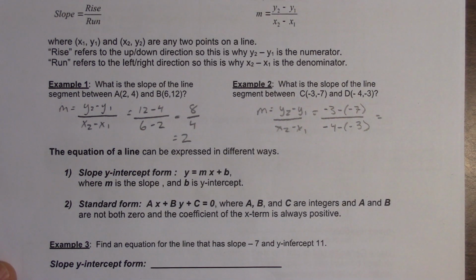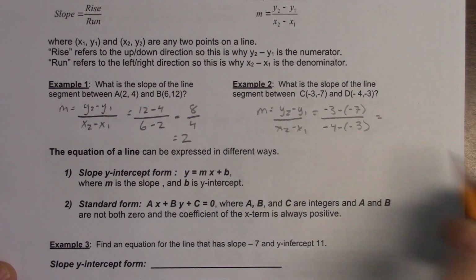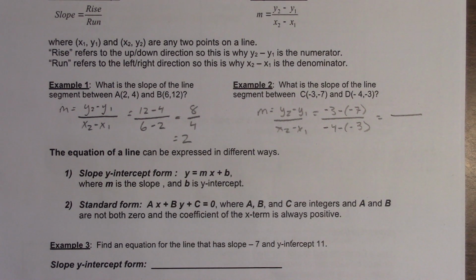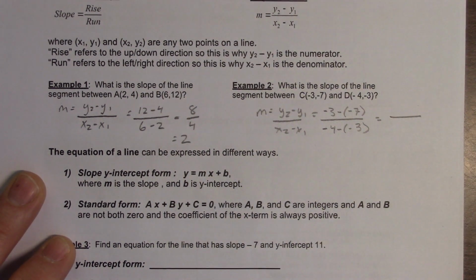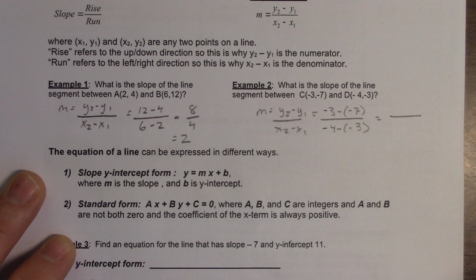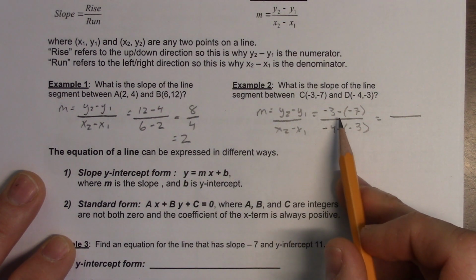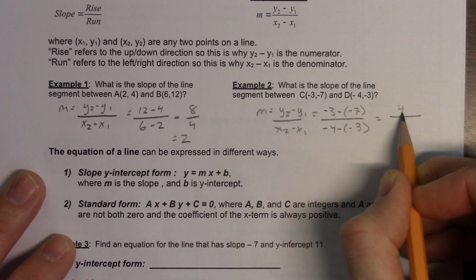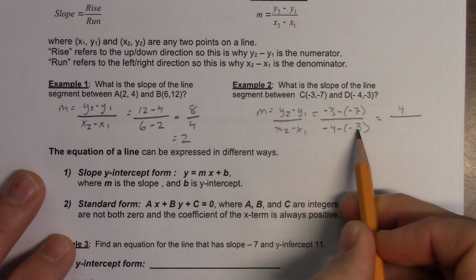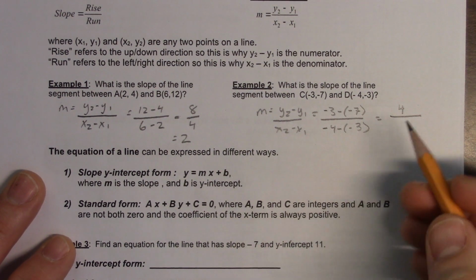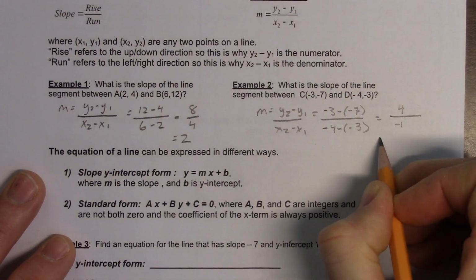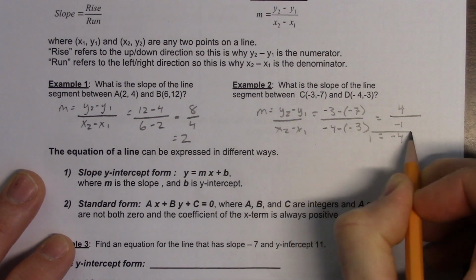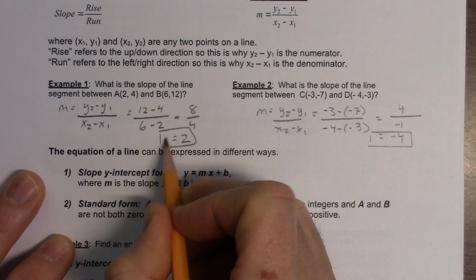What's that? Negative 3 plus 7. Positive 4. And then negative 3 plus 3. Negative 1, right? Negative 4. Okay, so those are our 2 slopes.